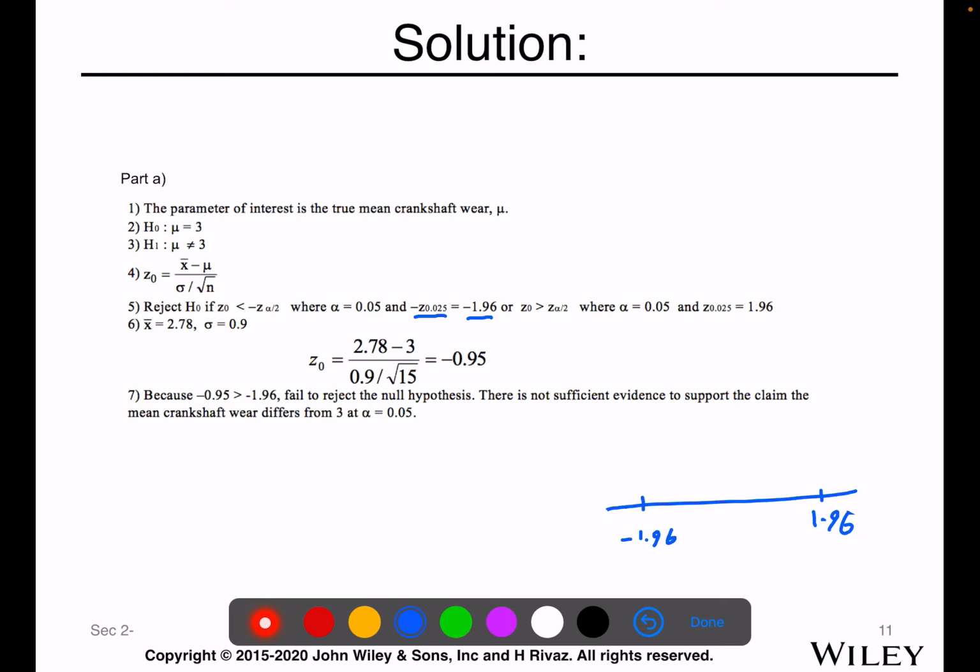So we know that if we are here, we fail to reject H0, right? And in this case, the z that we found is minus 0.95, so it's around here, right?